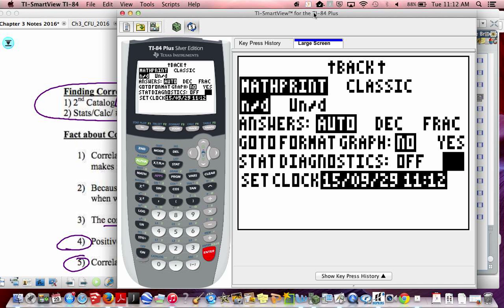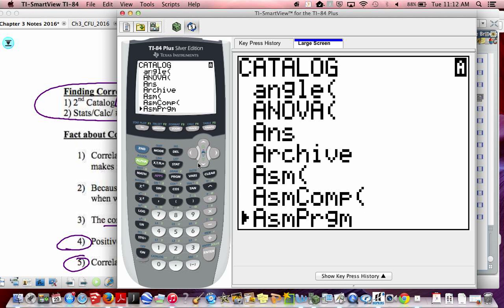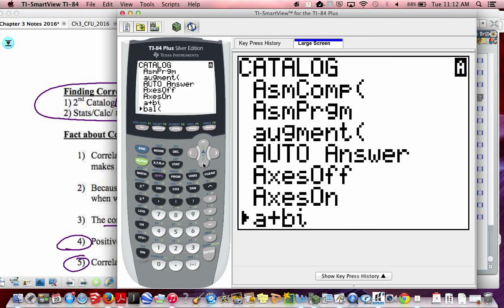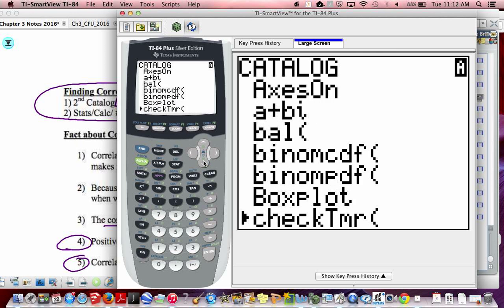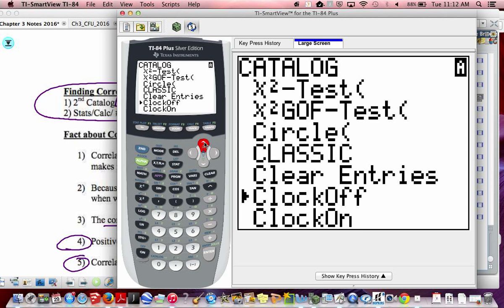the other way you can get to it is by going second 0. This is your catalog. So if you hit second 0, this will get you to your catalog. Then you scroll down until you get to diagnostics, or you could go alpha and then find the letter D. I just find sometimes doing it this way, I can get to it just as fast.